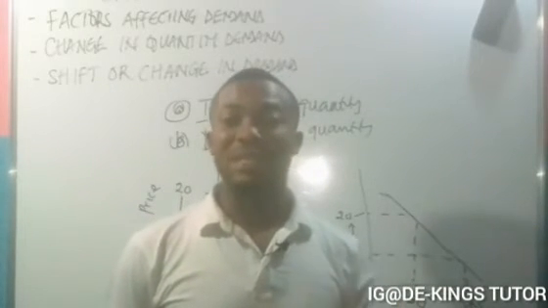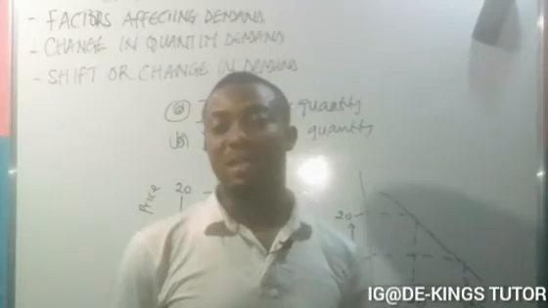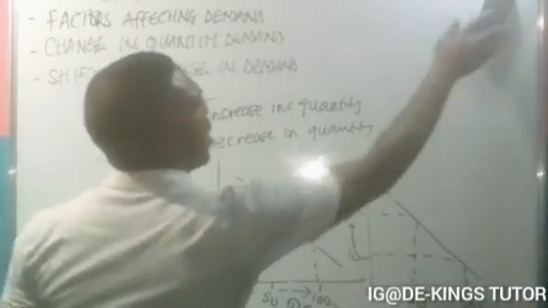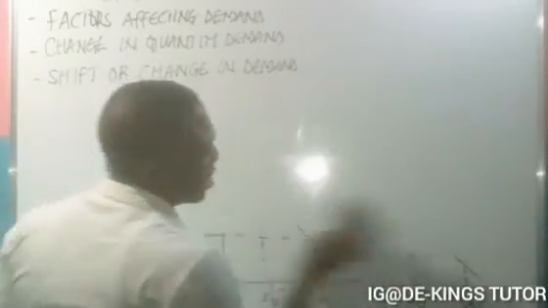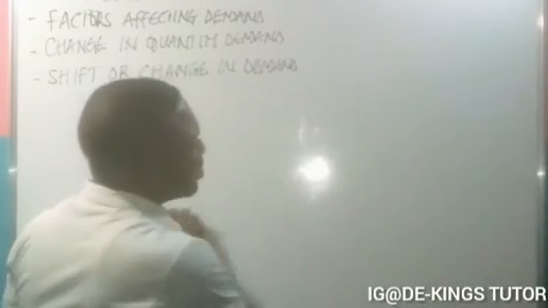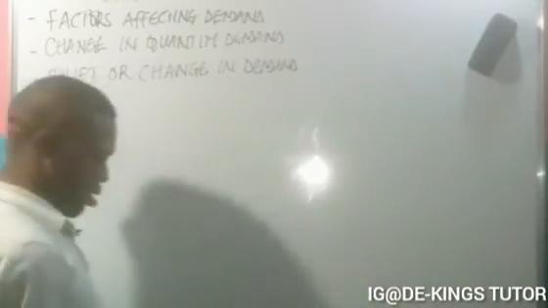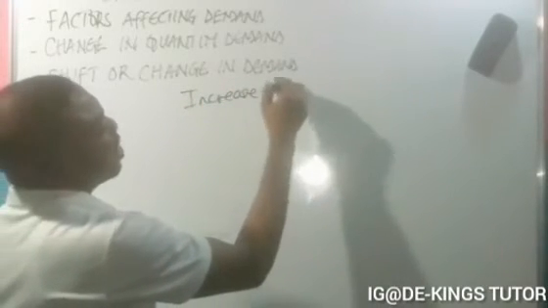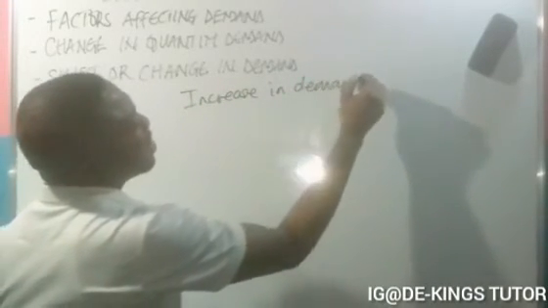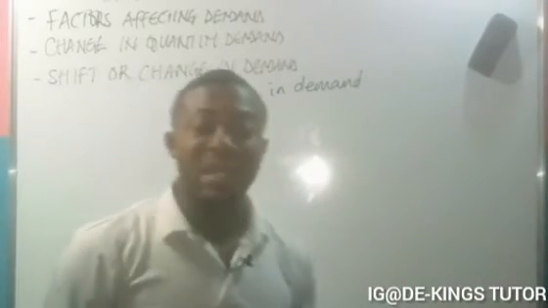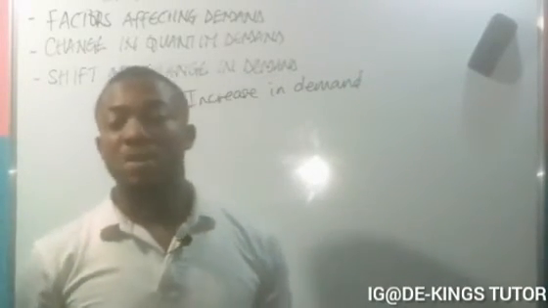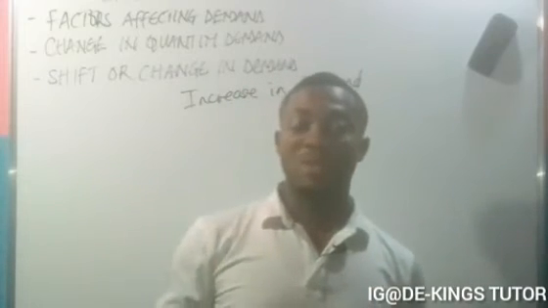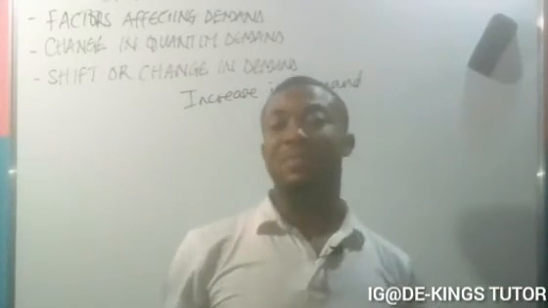It can be increase in demand or decrease in demand. Okay? Now, the first one can be increase in demand. Now, when there's increase in demand is when there is a favorable situation. Remember we said other factors affecting demand except the price.